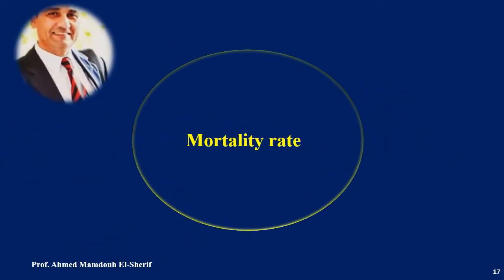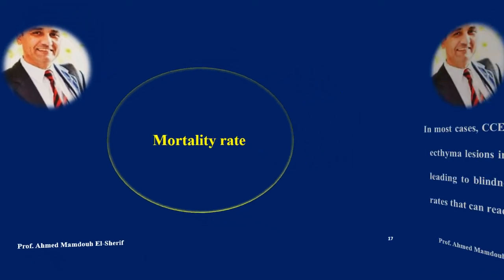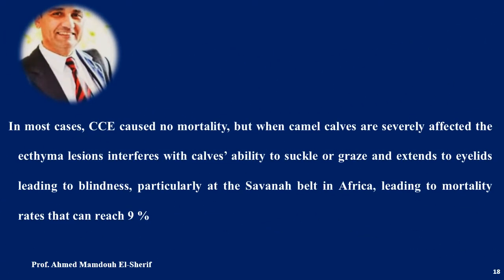Mortality rate. In most cases, CCE caused no mortality, but when camel calves are severely affected, the ecthyma lesions interfere with calf ability to suckle or graze and extend to the eyelids, leading to blindness, particularly in the savanna region in Africa, leading to mortality rates that can reach 9%.